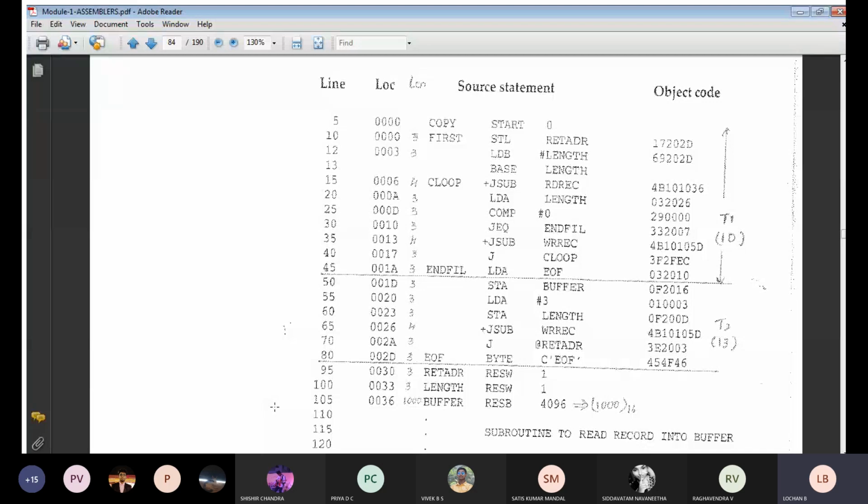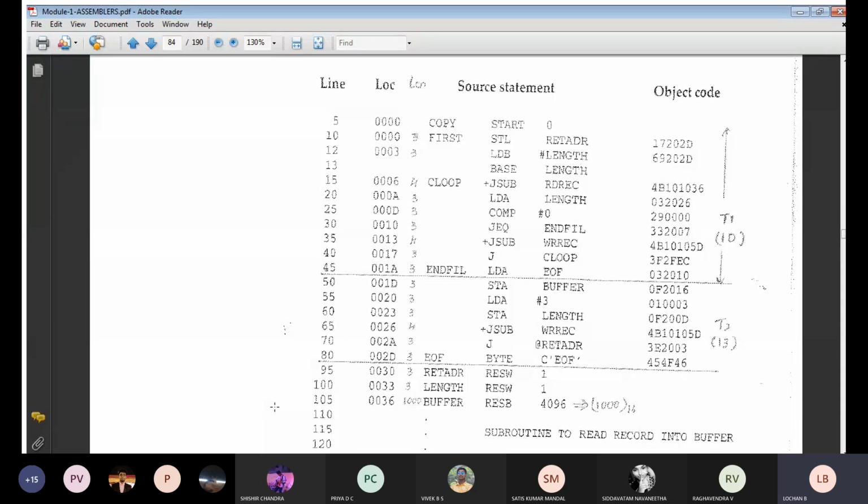In the remaining cases, it is format 3. If it is format 3, we add plus 3. If it is format 4, wherever you find the plus symbol, I'll add plus 4. So for the next address, I will add plus 3.